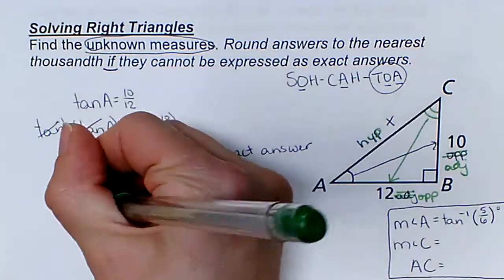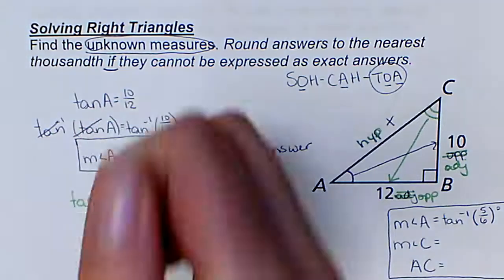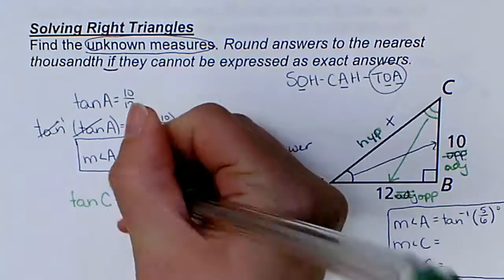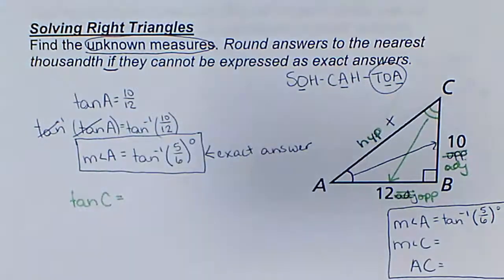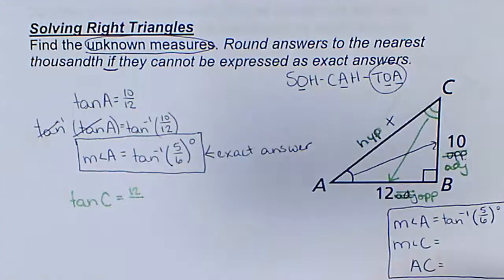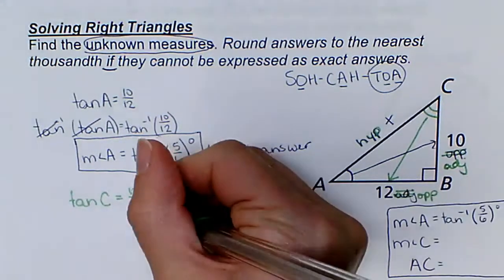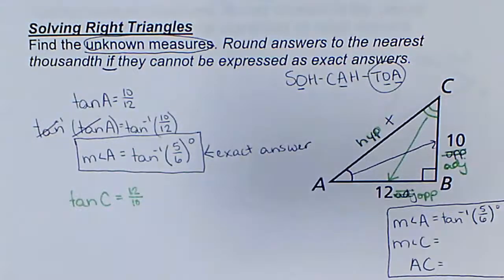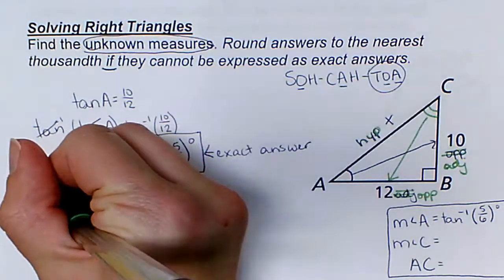So I'm going to be finding the tangent of angle C, and it's equal to the opposite side, which is now 12, over the adjacent side, which is now 10. I don't want the tangent of angle C, I want the measure of angle C, so I'm going to apply my inverse trig ratio to both sides.